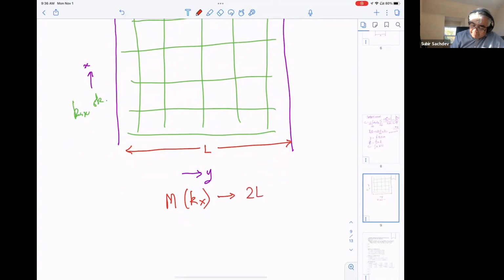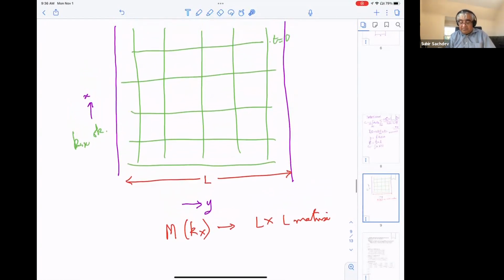It'll be a 2L by 2L matrix. Sorry, actually it won't be 2L, it'll be an L by L matrix because there's just one state on every site, but there's no translational symmetry along the y direction. But it'll be a function of kx.